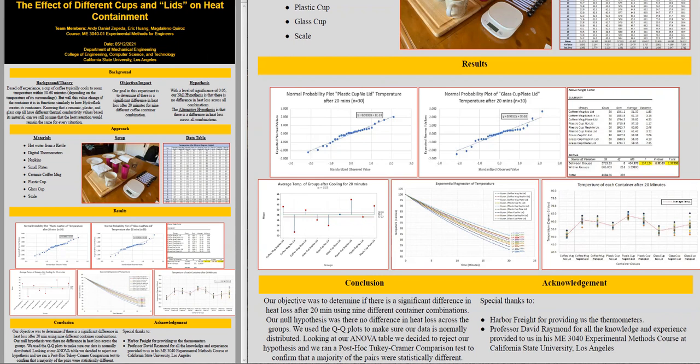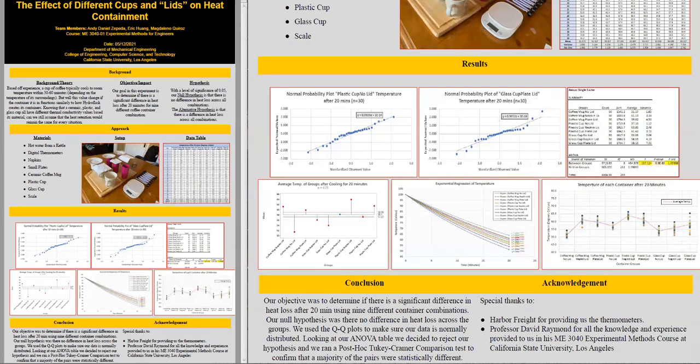And then our third variation was using a plate lid. The glass cup took 59.61 minutes, a coffee mug took 61.90 minutes, and a plastic cup took 67.06 minutes. And with that, we determined that there was no relationship that exists within these categories.